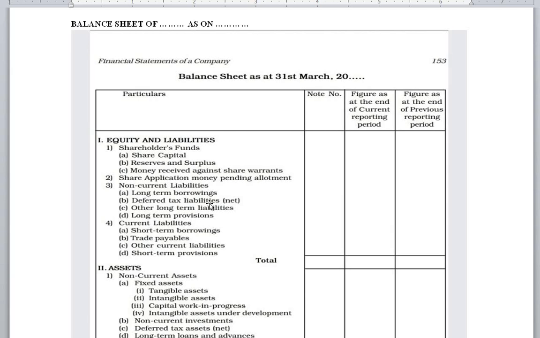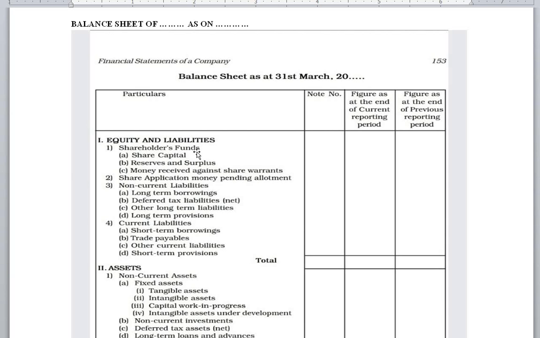So when you divide the liabilities side of the balance sheet, you can divide it into shareholders' fund, non-current liabilities and current liabilities.